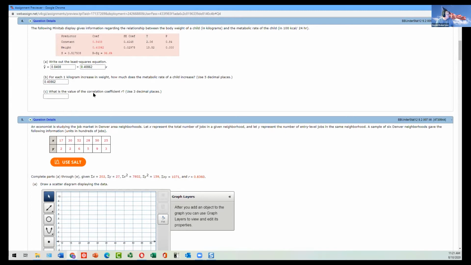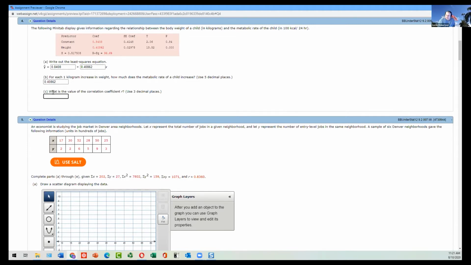Now, what is the value of the correlation coefficient R? Now that is sneaky. I can't see R because it's not there. In fact, the only one that's there is R squared. Agreed? Now, you're going to have to hear me because I don't want to leave this screen. R squared is 0.966.